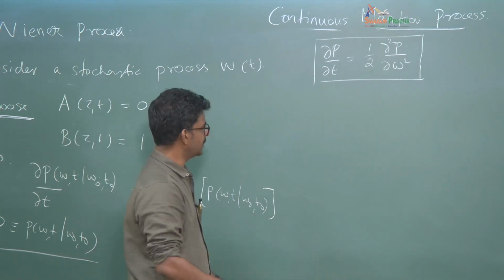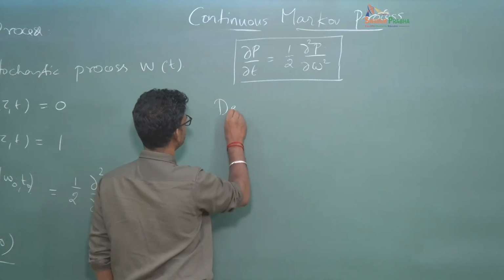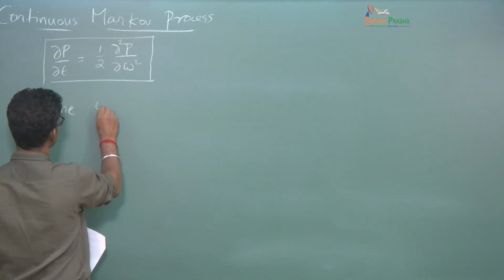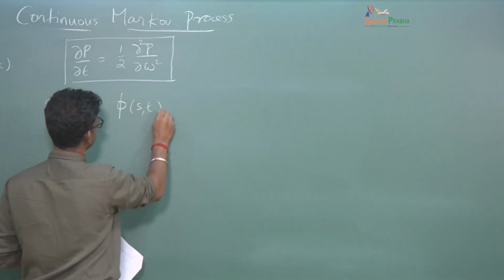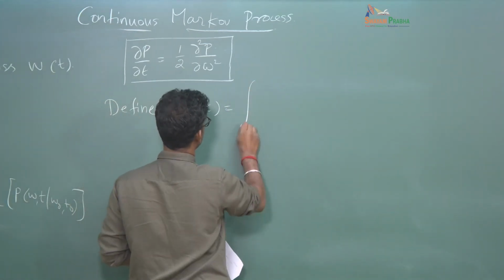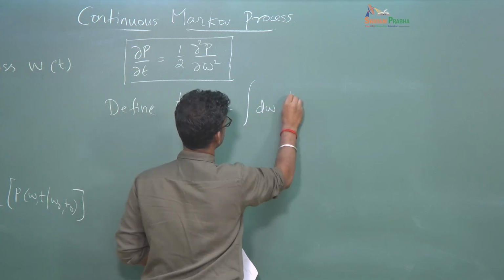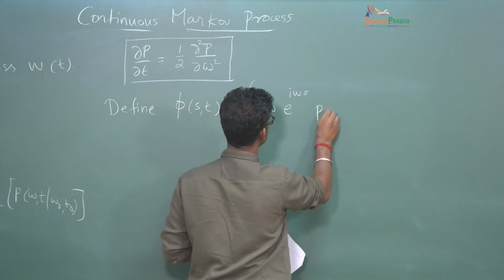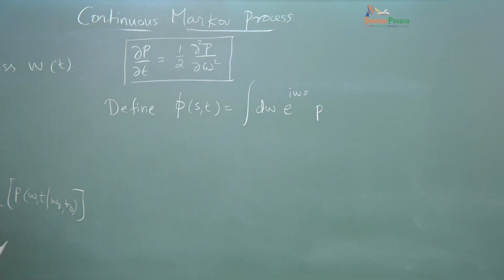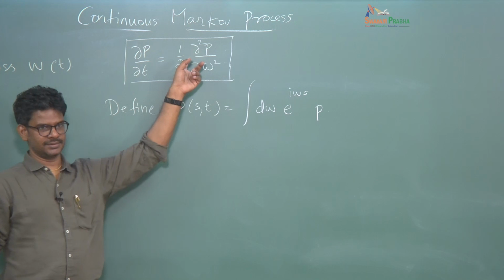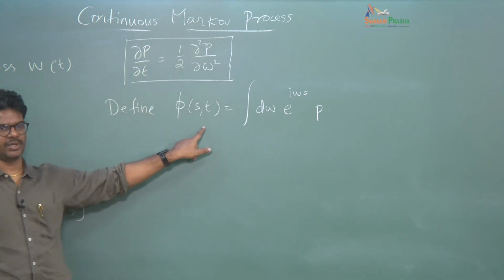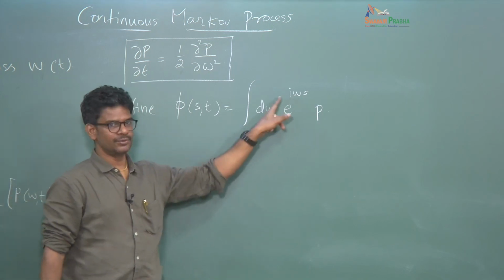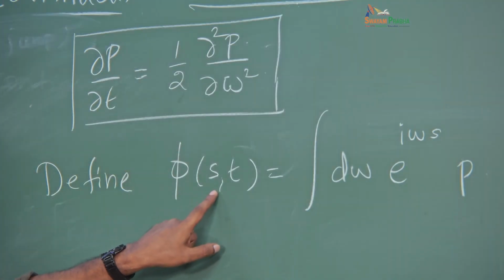So the idea is we are going to define a characteristic function, s comma t. To solve this equation, we are defining a characteristic function very similar to a Fourier transform, where we change the variable w to another variable s, okay.